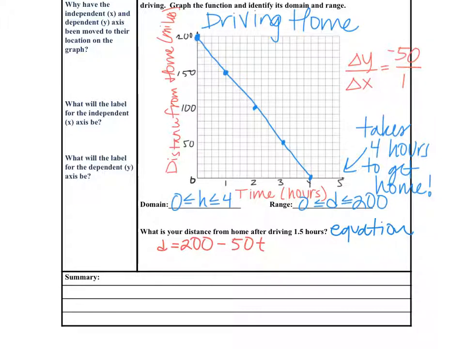Cole, where should the 1.5 hours go in my equation? Where do I plug it in? Time, yeah. So you're going to put hours where t is for time. 50 times 1.5 would be 75. So minus 75. Your distance from home would be 125 miles.